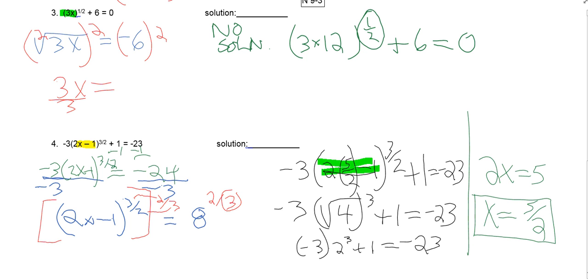Okay, 2 cubed right here is 8. 8 times a negative 3 is a negative 24. So we have negative 24 plus 1, and it does in fact equal negative 23. So we'll go ahead and record our answer in the box here. Our answer is 5/2 or 2.5. Okay, hope you enjoyed this video and should help you with your homework.